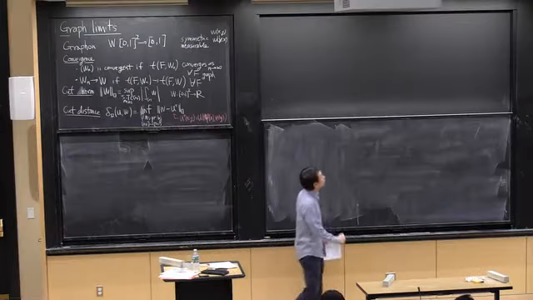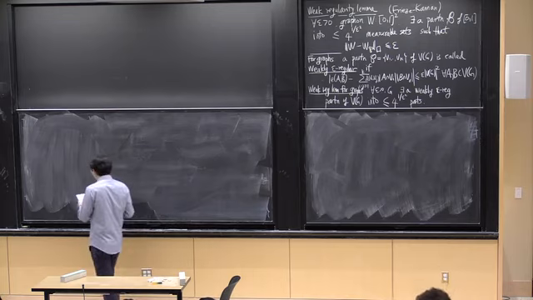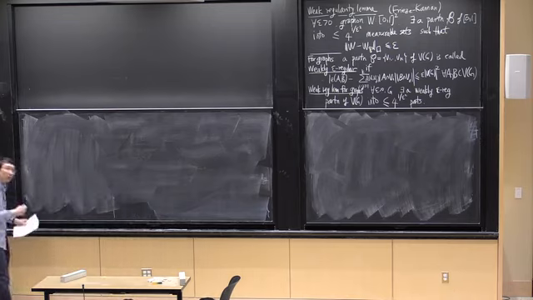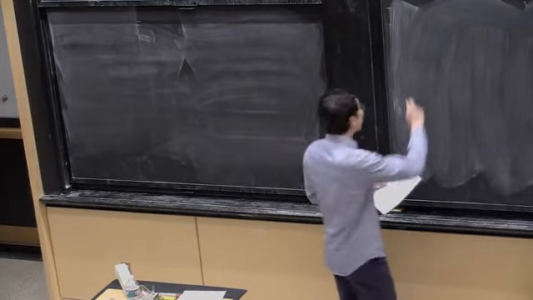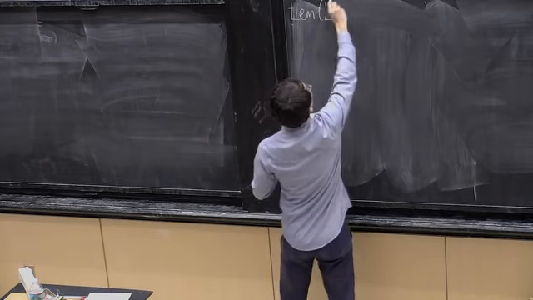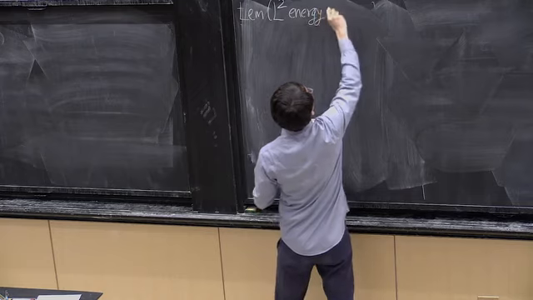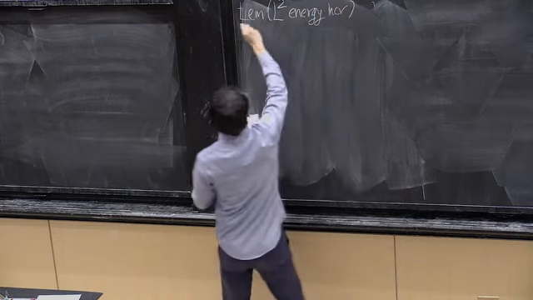All right, so let me start the proof of the weak regularity lemma. And the proof is by this energy increment argument. So let's see what this energy increment argument looks like in the language of graphons. So energy now means L2 norm, so L2 energy increment.